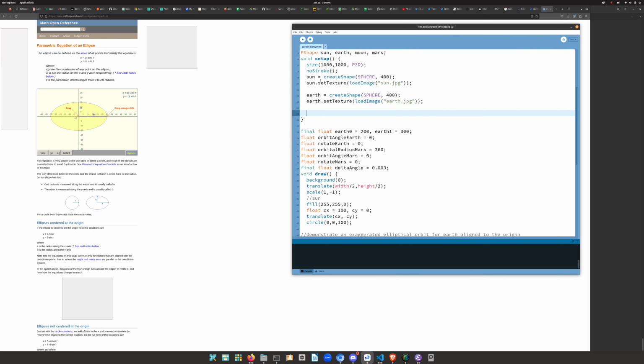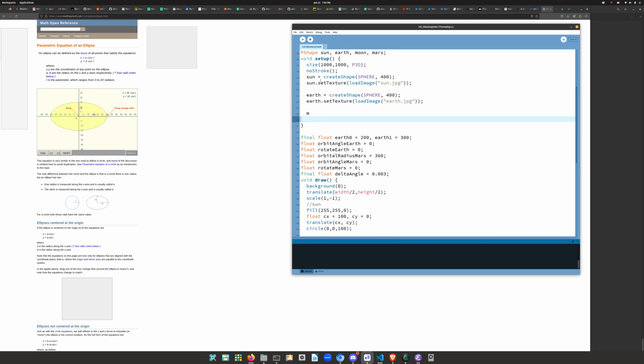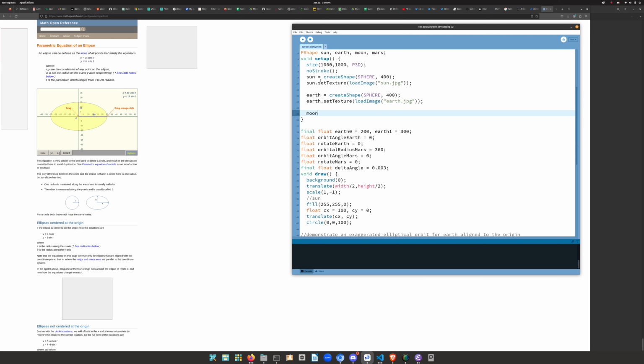So I'm just going to like say moon. Oops. I'm not going to do the texture, but moon equals create shape, sphere, or we could even get really cute and make the moon a cylinder. Okay, I guess Earth should be smaller than the sun, even in our little cartoon world.